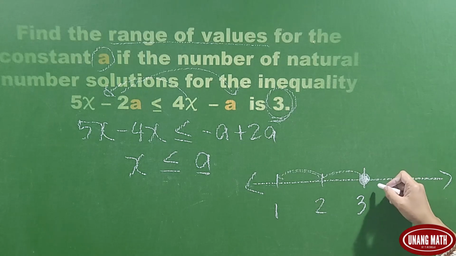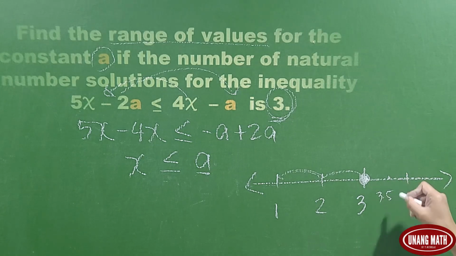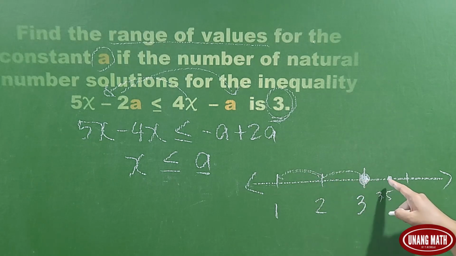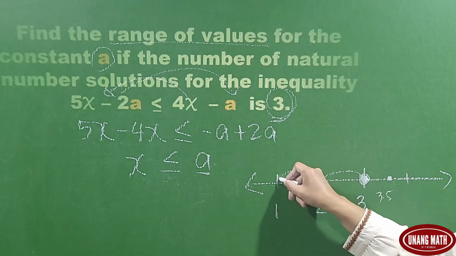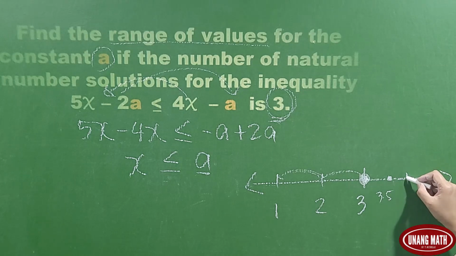Okay, how about if a is, let's say, 3.5? So this is x is less than or equal to a. So if a is 3.5, then still we have 3 natural number solutions. Okay, but what if a is 4?